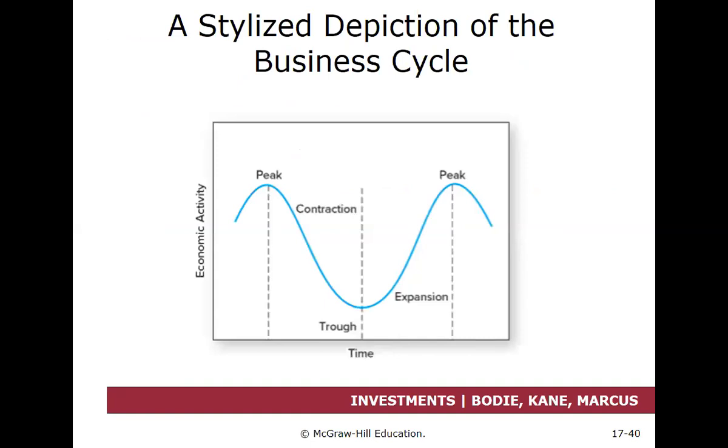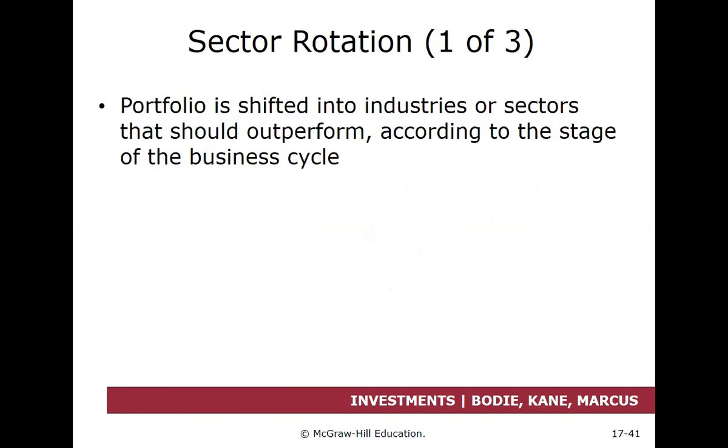A stylized depiction of the business cycle. These are the stages of the business cycle: the peak, contraction, trough, expansion, and again peak. Sector rotation. The portfolio is shifted into the industries or sectors that should outperform according to the stage of the business cycle.